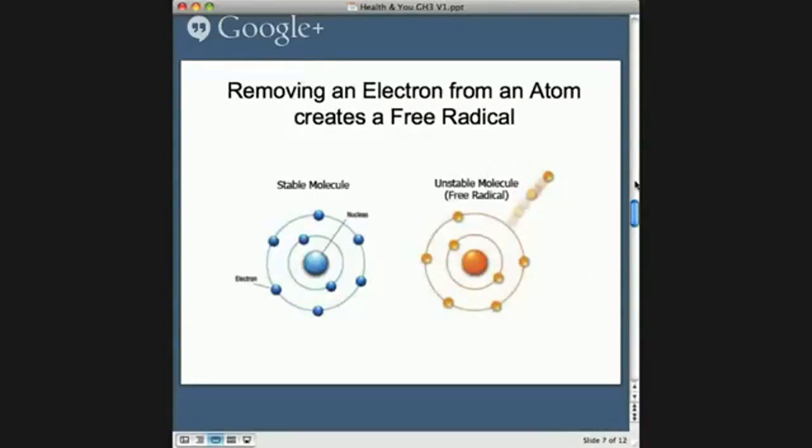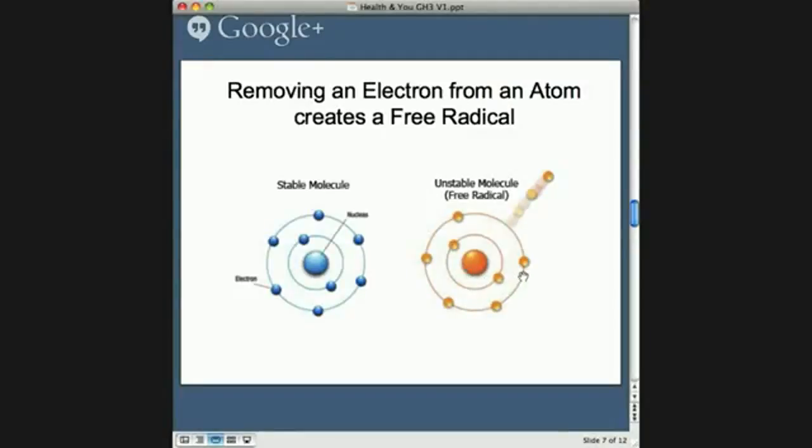So imagine that you've got an atom that might be stable, but it's not too strong. It's not a very strong molecule because it doesn't have the 8 electrons around the outside. So this is a stable molecule, but it's not very strong. So along comes another atom which takes off the electron from the outside, and this molecule now becomes a free radical.